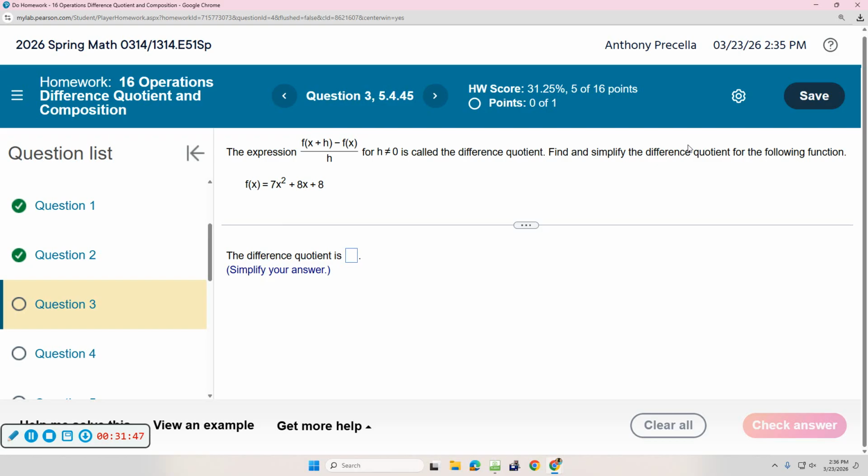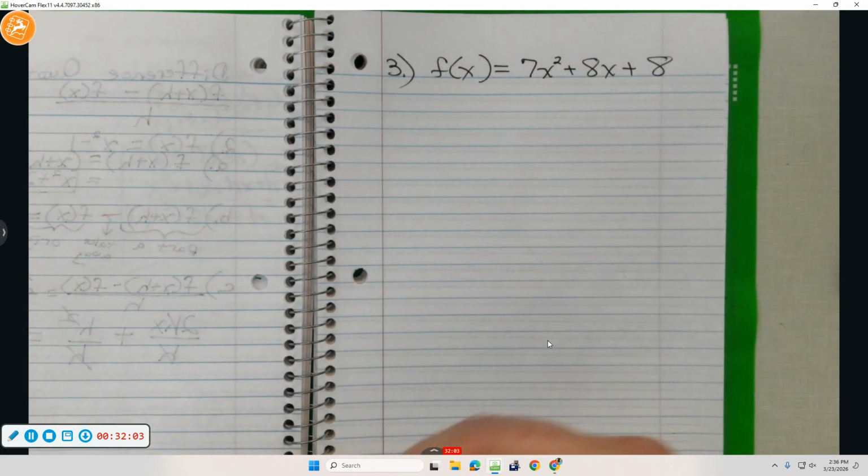Seven x squared plus 8x plus 8. And we want to find the difference quotient.